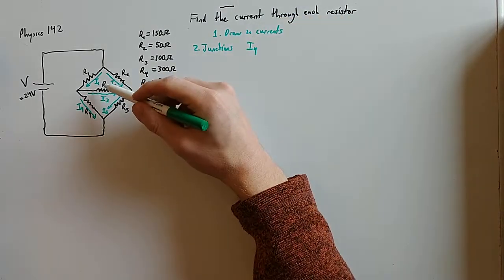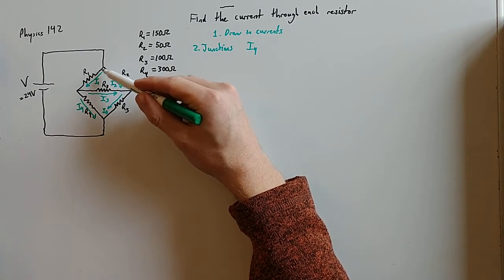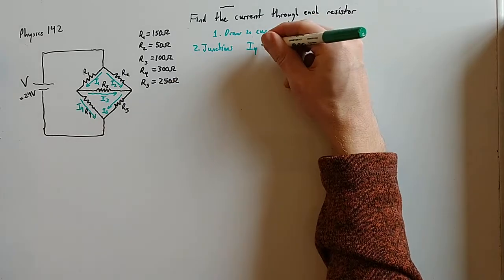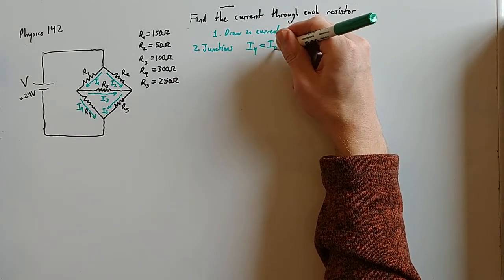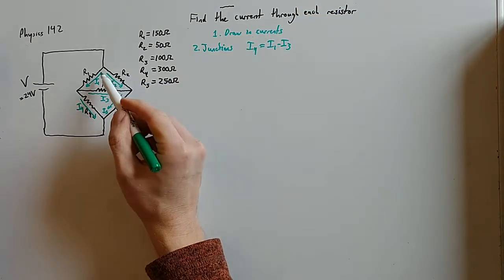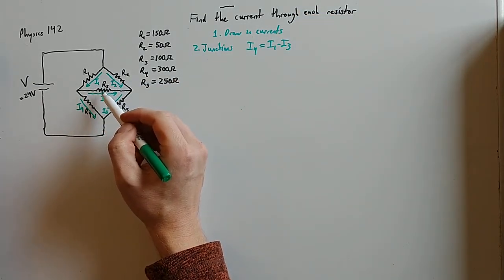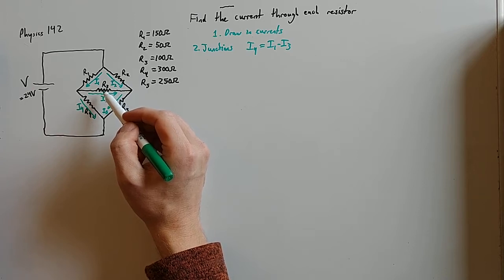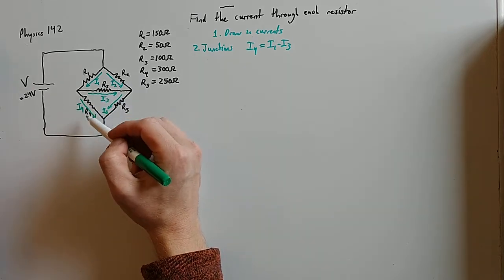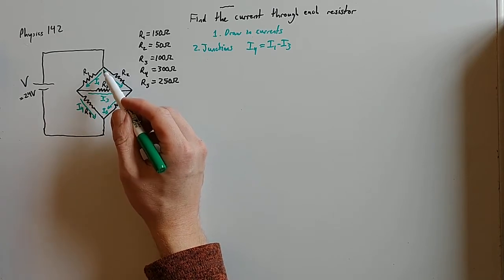I4 is going to be I1 minus I3. Or said again, I1 is I4 plus I3, right? And so solving that for I4, we get I4 is I1 minus I3.